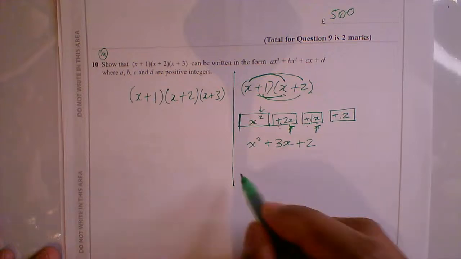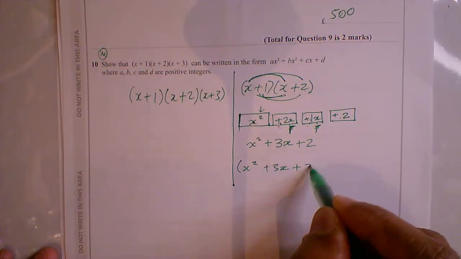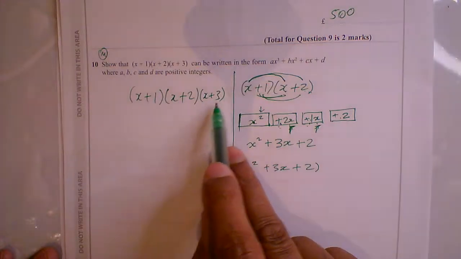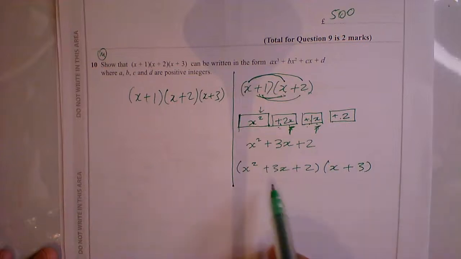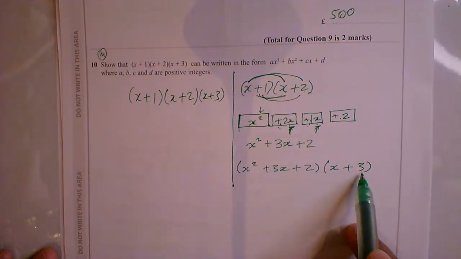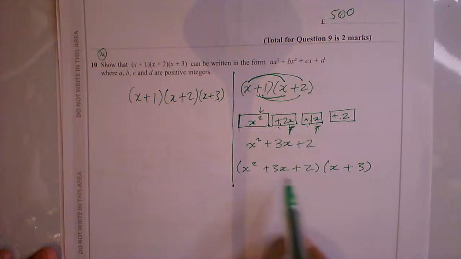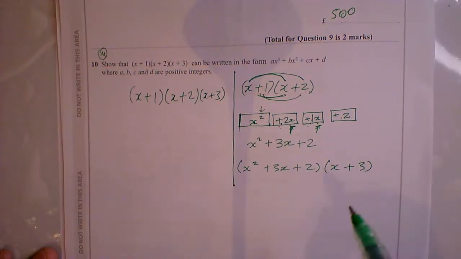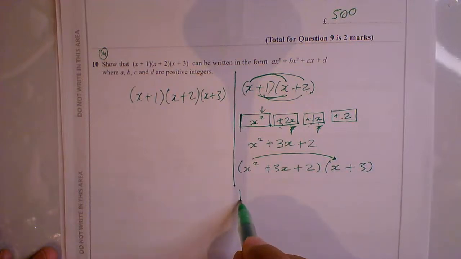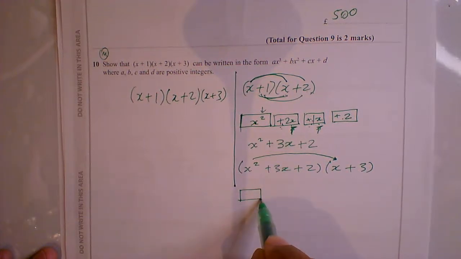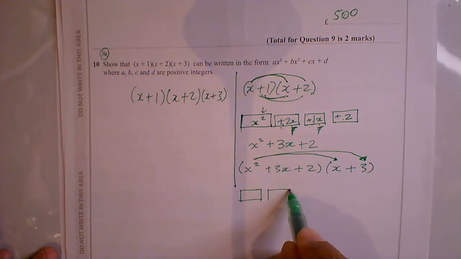Now I need to multiply all of this, x squared plus 3x plus 2, with the third bracket, which I haven't touched yet, so x plus 3. Again, I'm going to multiply this term with these two, this term with these two, and this term with these two. So you've got 2, 4, 6 terms. But I'm going to do something. Look at my squares. This is going to multiply with that, and this is going to multiply with that.